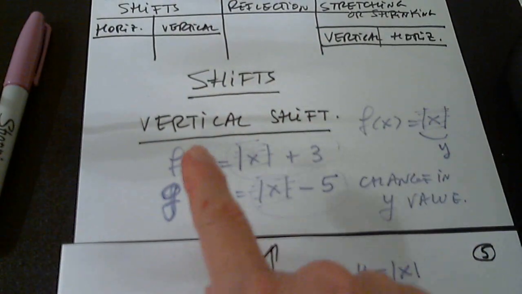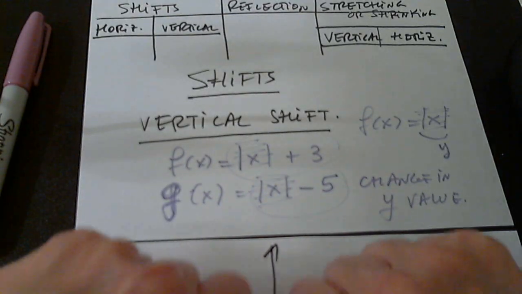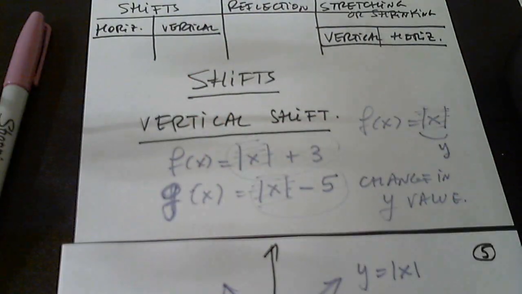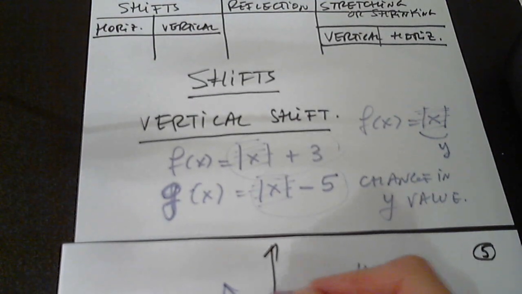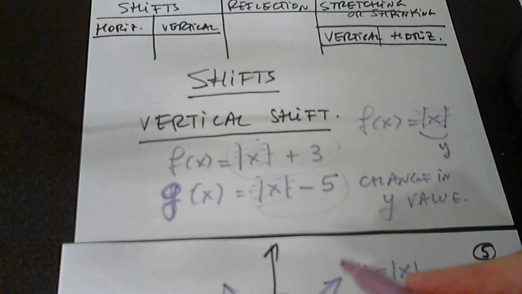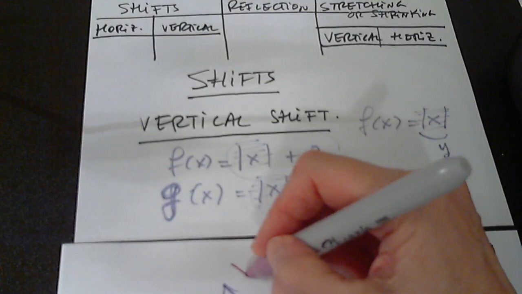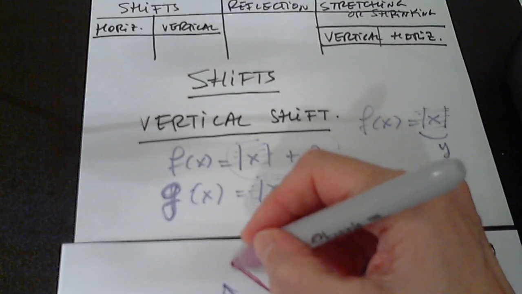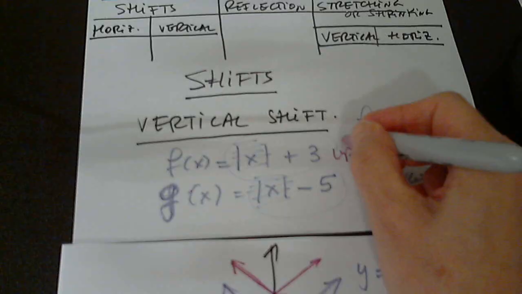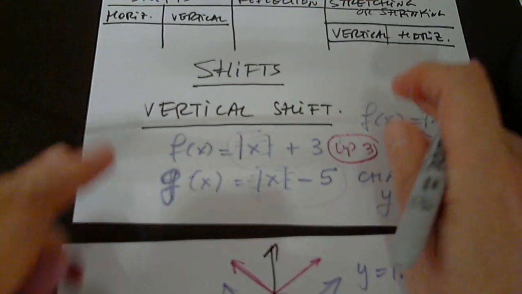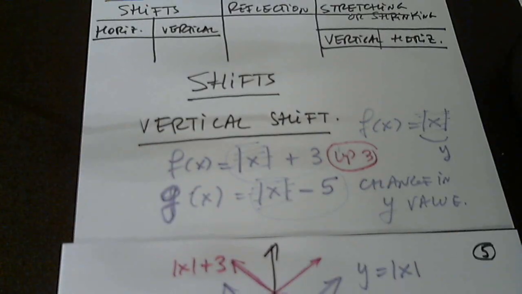In order to graph the absolute value of x plus 3, I have to shift this graph up 3 units. 1, 2, 3. And the graph has to be parallel. Don't change the shape. So this is up 3 units. And this is the graph, the absolute value of x plus 3.